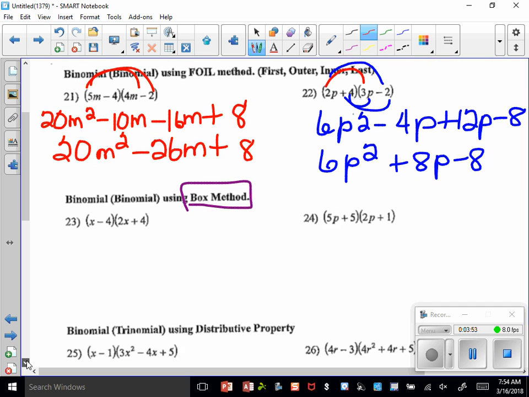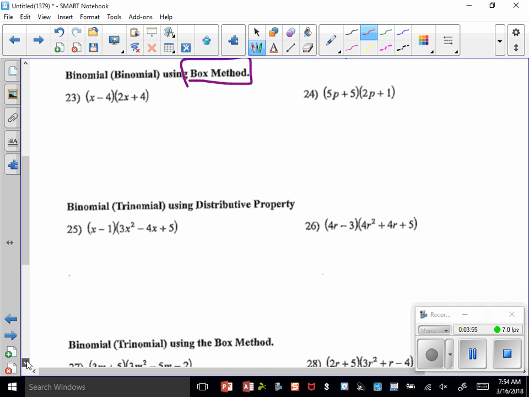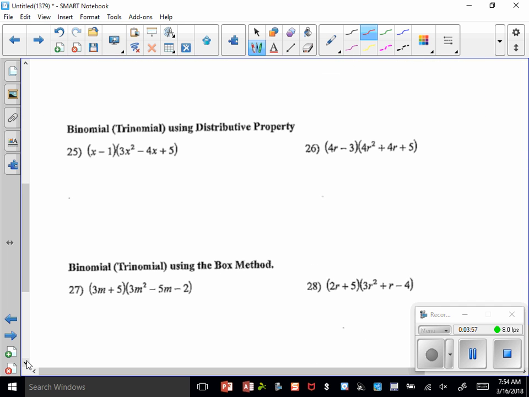All right, so we're going to move on to 25 and 26. So the only difference with 25 and 26, you're just multiplying a binomial times a trinomial. So that means you're going to have to take this x and you're going to have to multiply it by all 3. So we don't have an acronym for this.